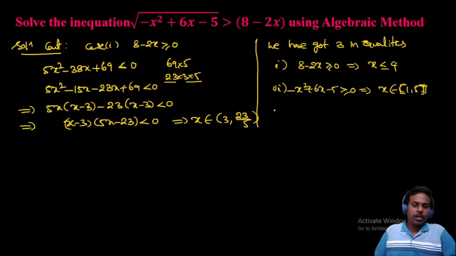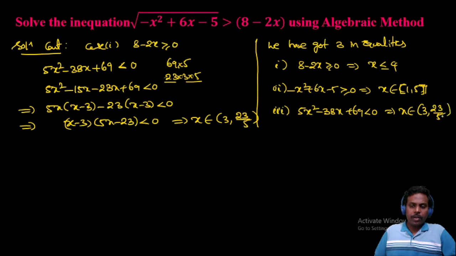And the third one, upon squaring, is the inequality 5x square minus 38x plus 69 less than 0, so x belongs to the interval 3 to 23 by 5.